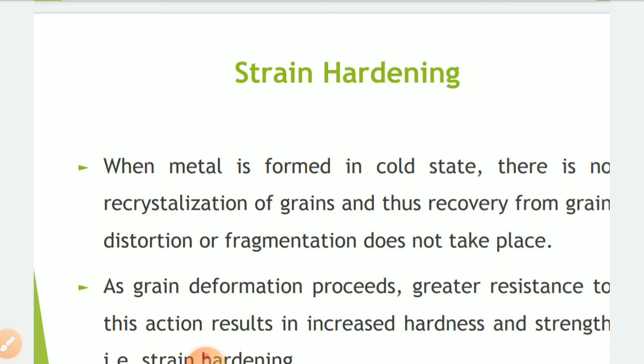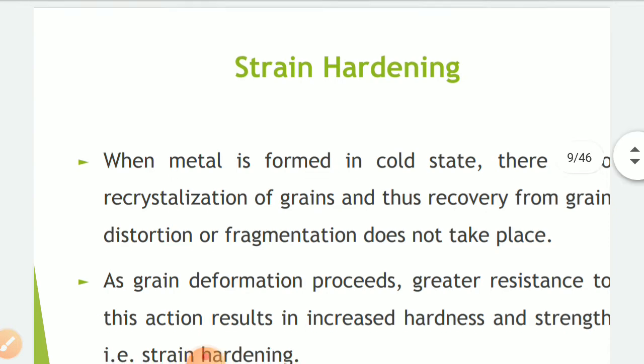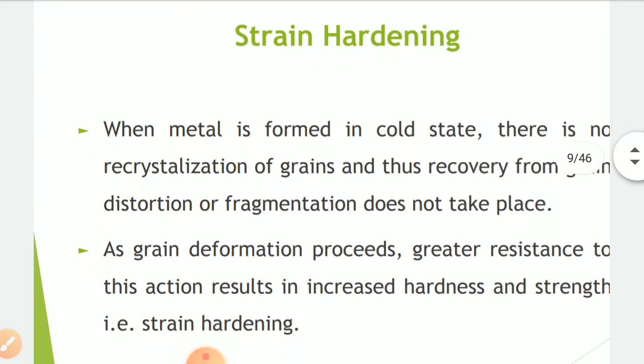When a metal is formed in the cold state, there is no recrystallization of grains, and thus recovery from grain distortion or fragmentation does not take place. So as you do the forming, it will get harder. If you continue forming, it will get even harder, and that may result in fracture.